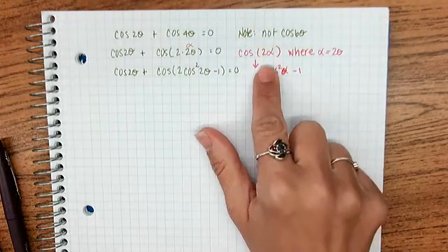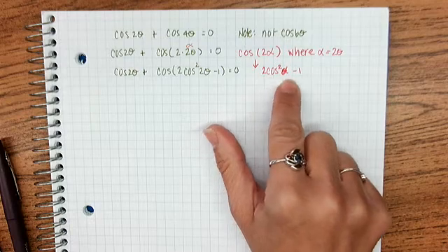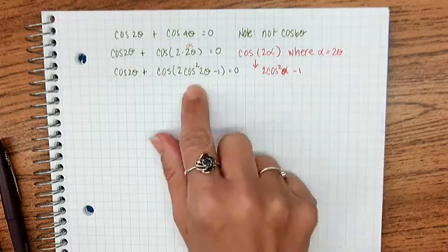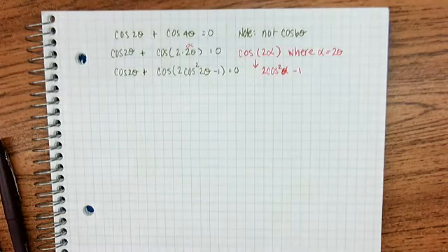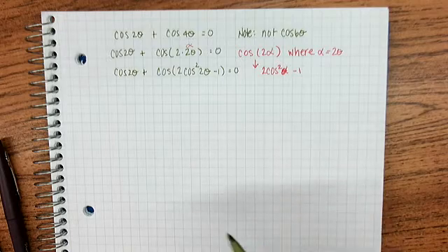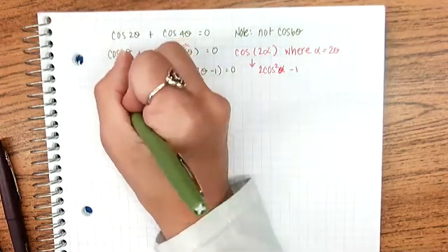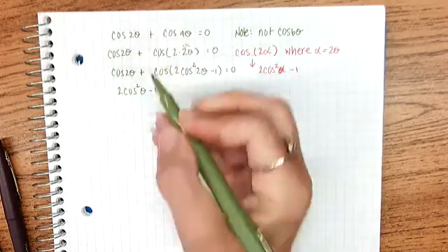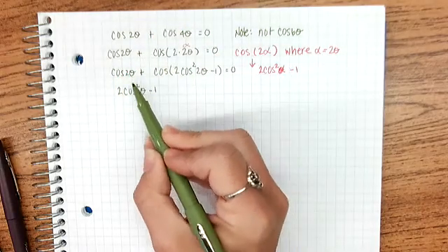So the cosine of 2 alpha is 2 cosine squared alpha minus 1, but alpha is 2 theta, so I substituted in 2 theta. I'm going to use the same substitution for the cosine squared. I might change my mind, but so right here.